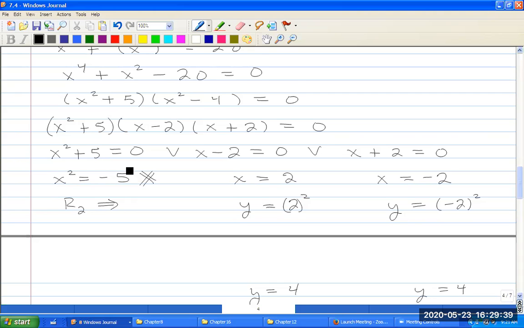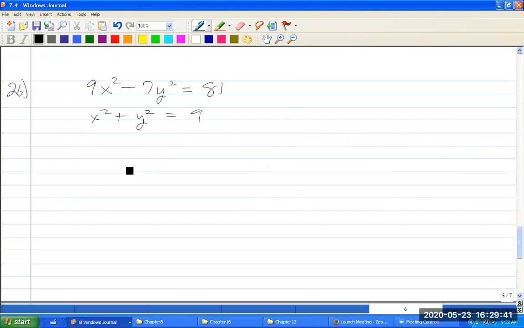Okay, let me do problem 26. And so let me call this R1 and let me call this R2. So problem 26, I have 9x squared minus 7y squared equals 81. So in this case, R1 is a hyperbola.